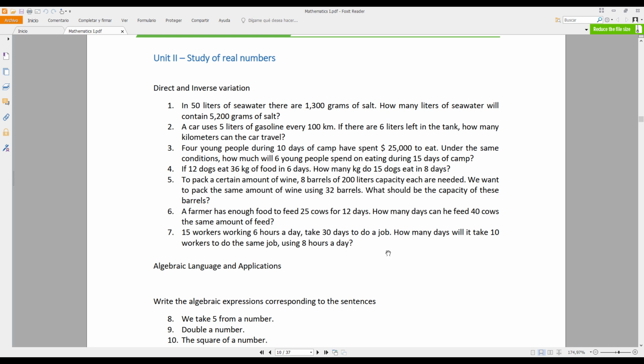Now we will solve the last exercise, number 7. 15 workers working 6 hours a day take 30 days to do a job. How many days will it take 10 workers to do the same job using 8 hours a day? Again, you need to organize your information in a table.